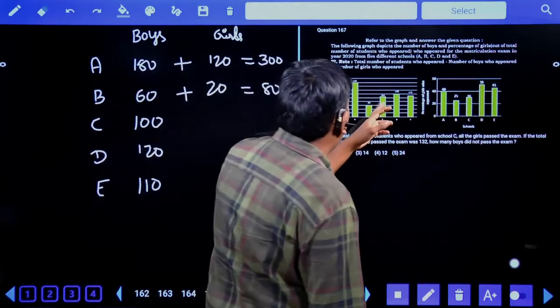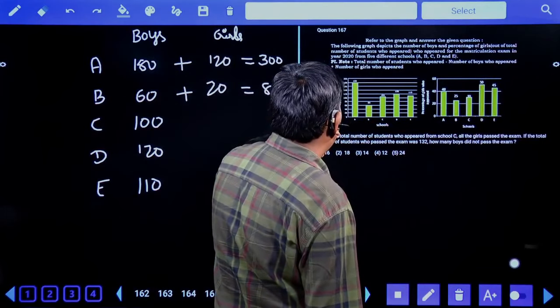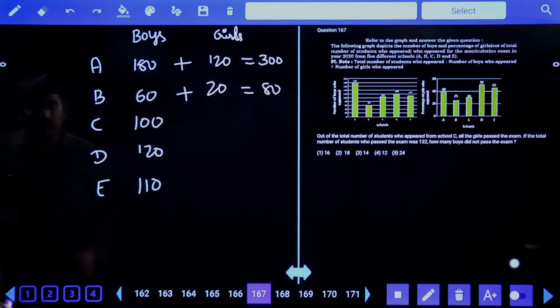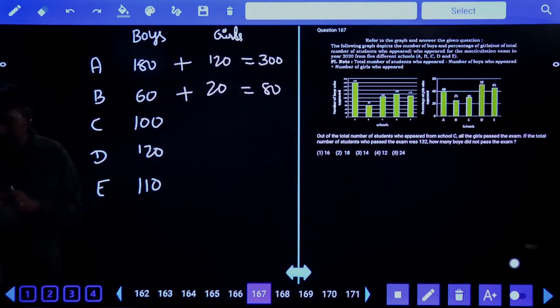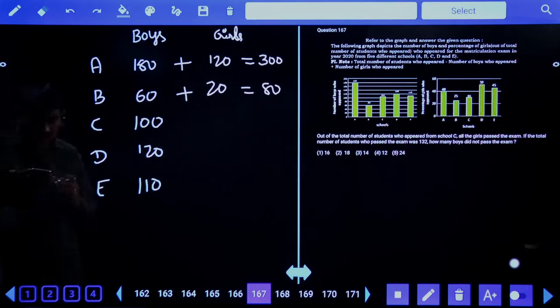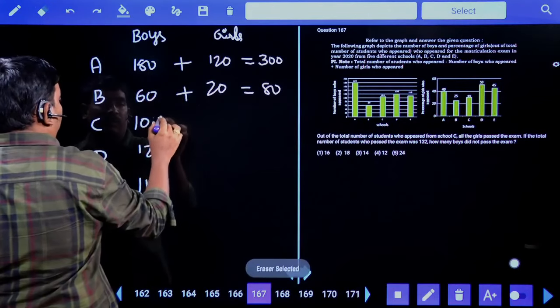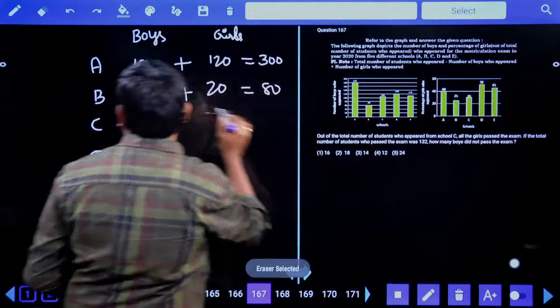This is not 100, the diagram is not clear; that is 105.